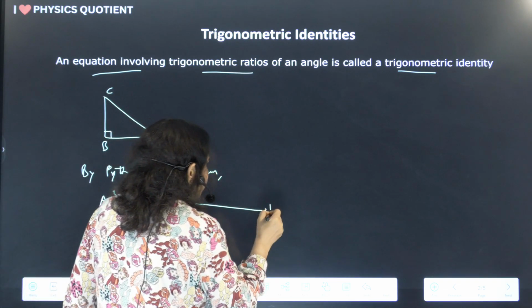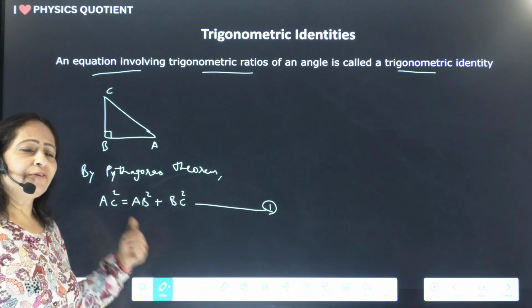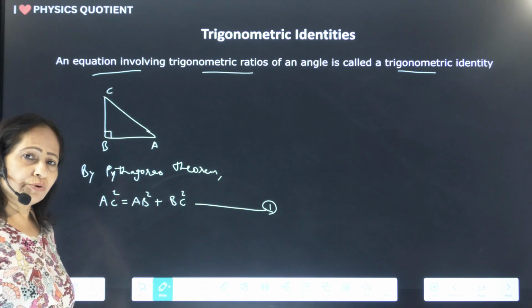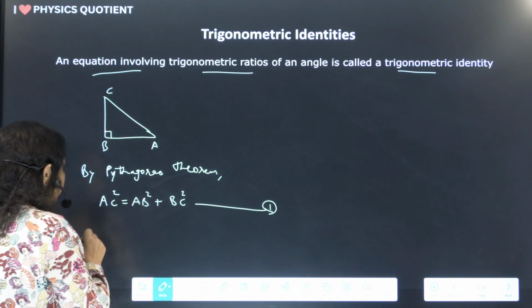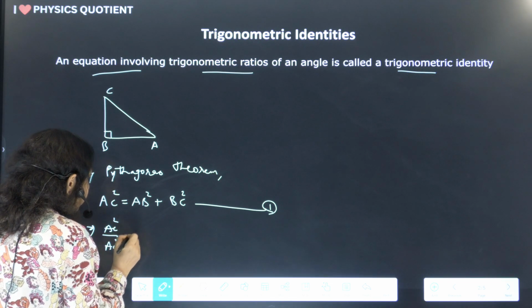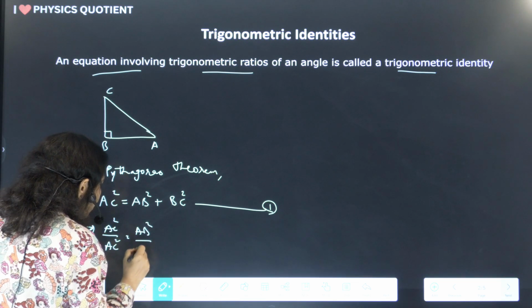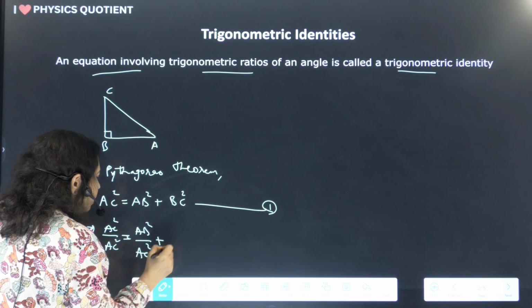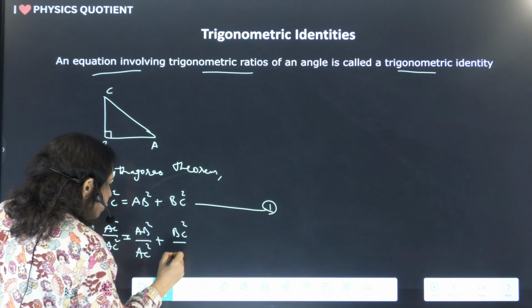This is equation number 1. Now if I divide this equation throughout by hypotenuse square, then AC square upon AC square equal to AB square upon AC square plus BC square upon AC square.